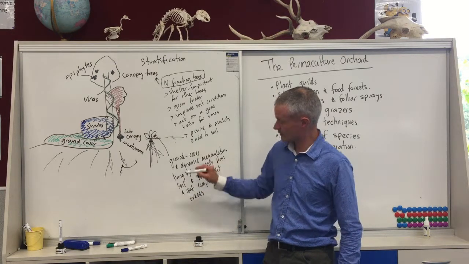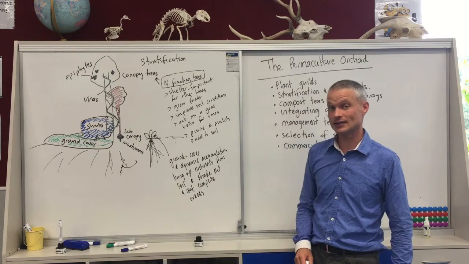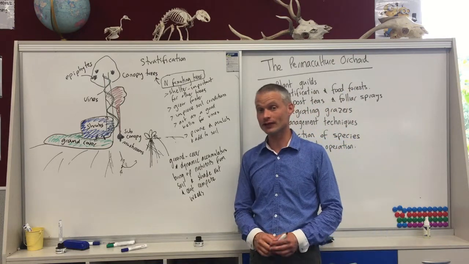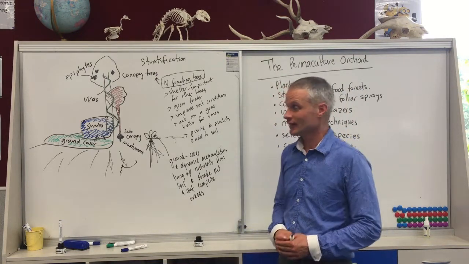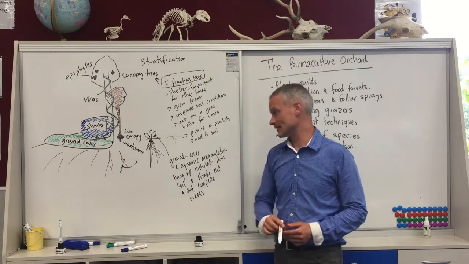So some of these ground covers, these dynamic accumulators, could be considered weeds themselves, so things like comfrey and dandelion and dock and all these kind of quite invasive plants.